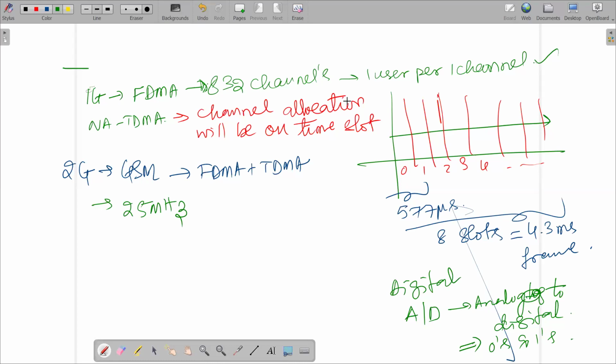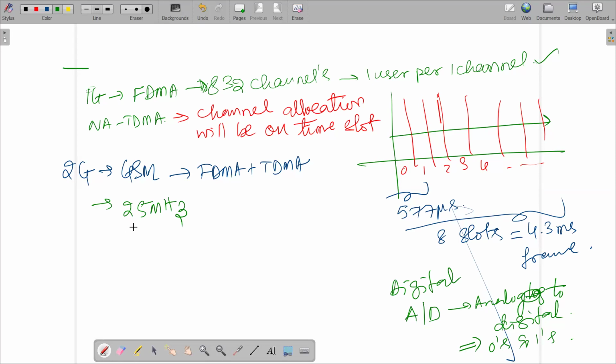Of course, there will be ways to capture the communication, but they have to struggle a lot. It is not like 1G. In 1G, if I can tune to a particular frequency, I can easily catch the communication. But in 2G digital, it is a little hard to catch the communication.